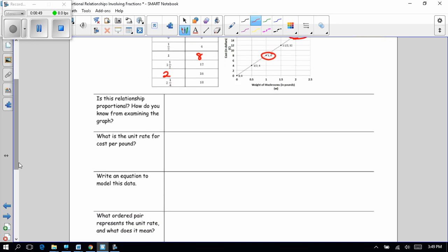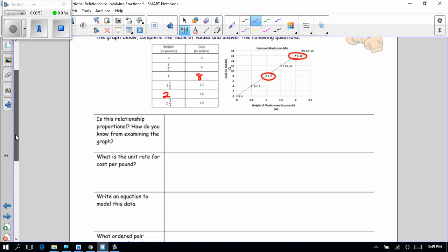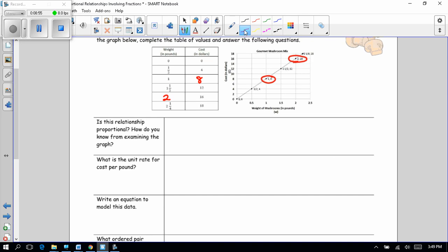Is this relationship proportional? Take a look at the graph, take a look at the table. What do you notice? This is proportional. Why is that proportional? Because it's a line that goes through 0, 0.